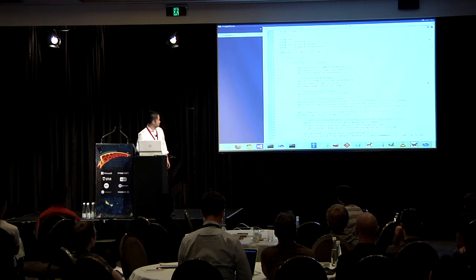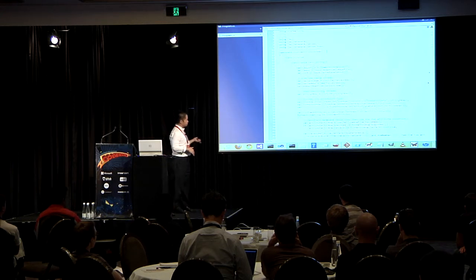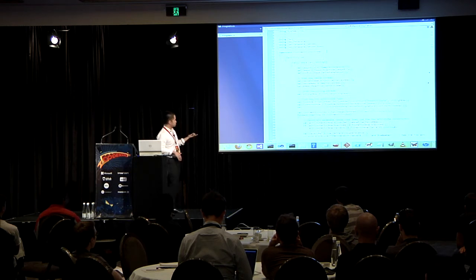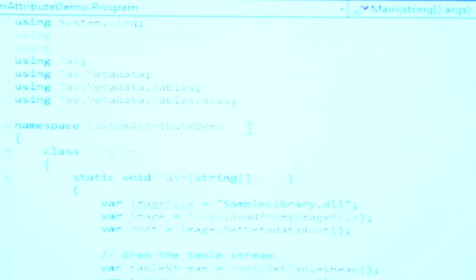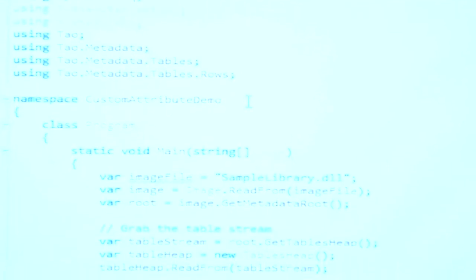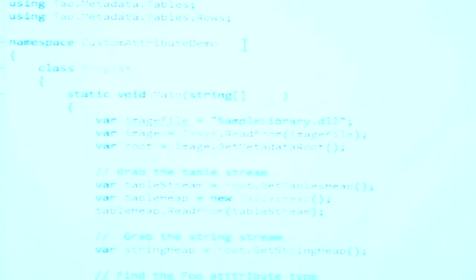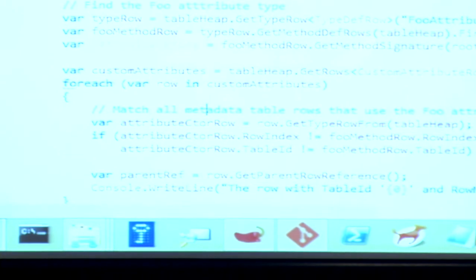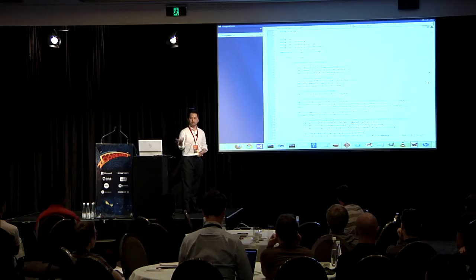here is the difference with working with a metadata model. In this particular case, I actually have access to all the heaps, all the streams, and all the rows. At first, it might not seem like a big thing, but the difference with this approach is that with custom attributes, I don't have to scan through 10,000 types.